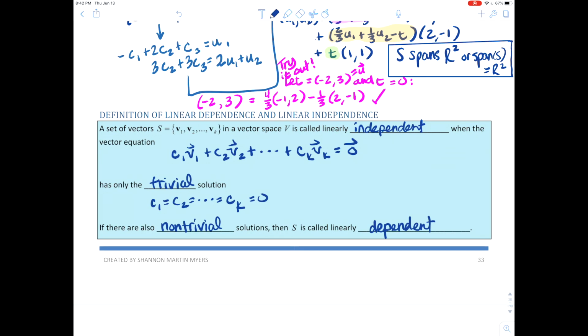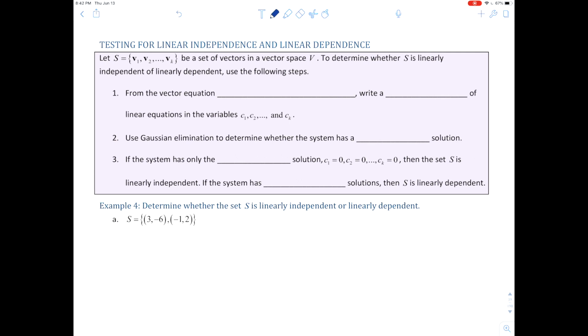Cool? Okay, so testing for linear independence and linear dependence. If we let S equal the vector set V1, V2, all the way down to VK, a set of vectors in a vector space V, to determine whether S is linearly independent or linearly dependent, use the following steps.